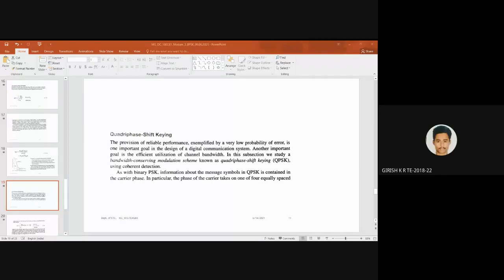S1 of t, S2 of t is fine. But I am asking which signal will be carrying that binary information, with respect to what parameter? Whether it will be in amplitude, or in frequency, or in the phase of the carrier signal, I'm asking, man.